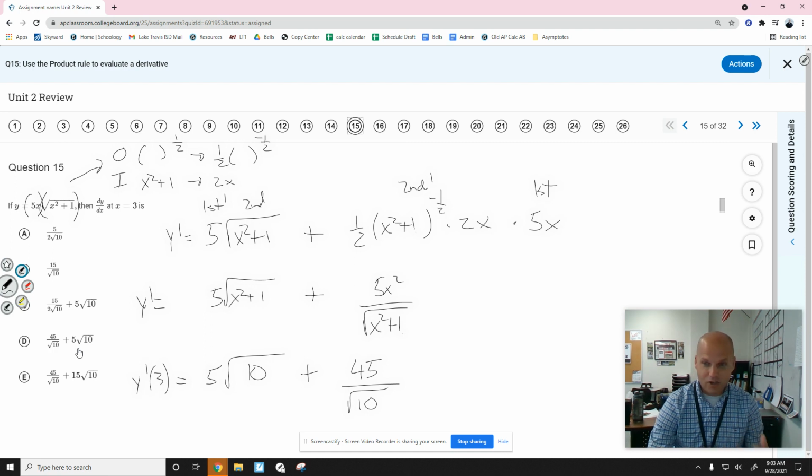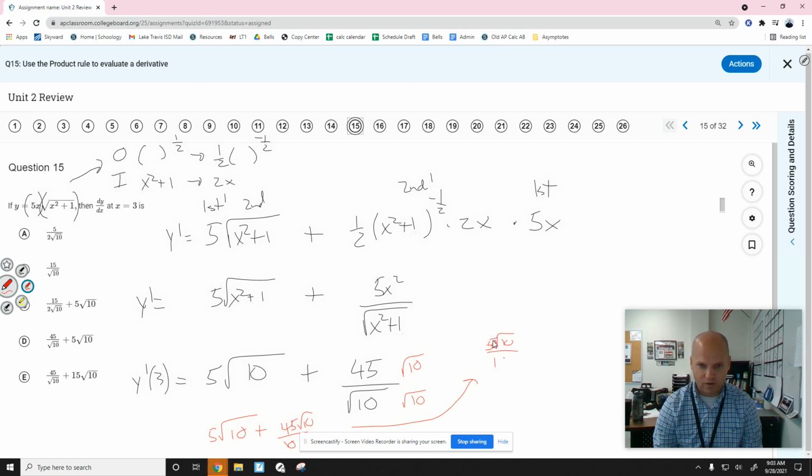Maybe on your test, this doesn't happen. Maybe you need to be prepared to simplify things. Maybe you need to rationalize. Maybe you need a common denominator. Whatever. So it's like 5 root 10. I can multiply this by 10 over 10.